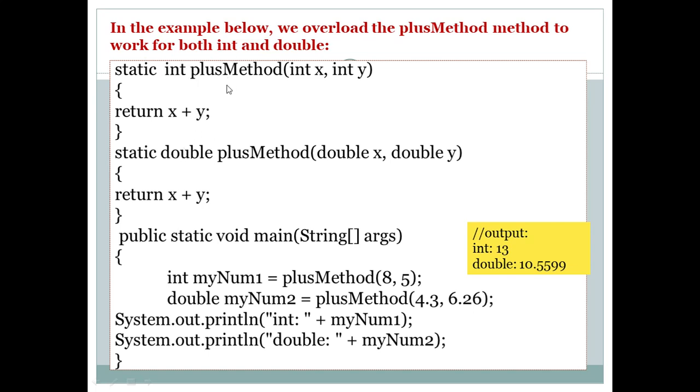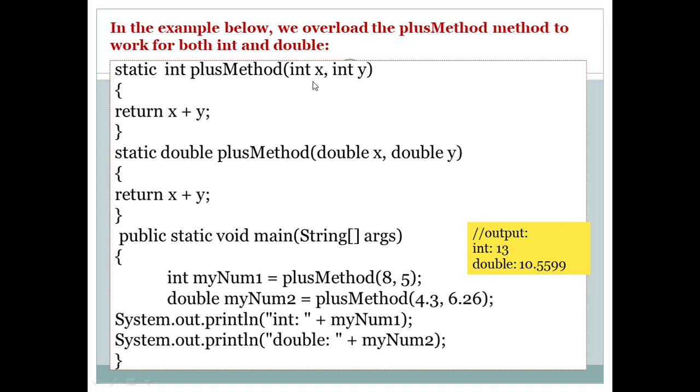So this is method overloading. What does it return? Return x plus y. This is the same, see, the code is also the same. So public static void main. Inside main I have created two variables. For the integer method, I create int myNum equals plusMethod, and I'm going to pass two values, 8 and 5.